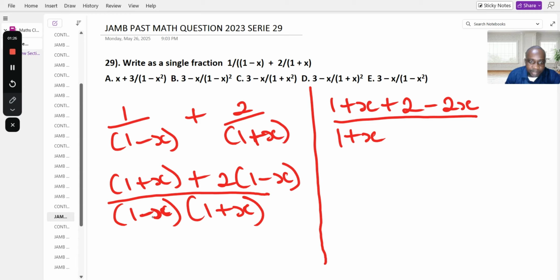Multiply this one again. Minus x multiplied by 1 is going to give us minus x. Minus x times plus x. Minus times plus is going to give us what? Minus. x times x is going to give us x squared. Isn't it? We have plus x here, minus x here.